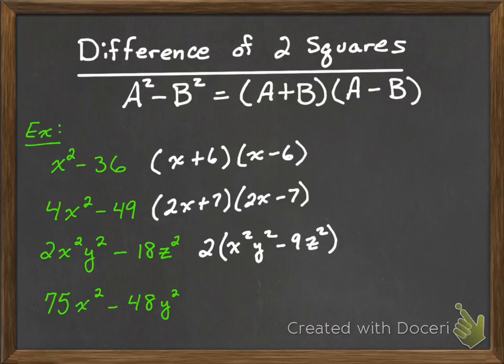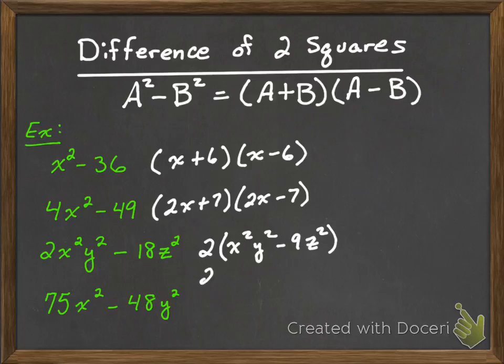Now this is going to be a difference of two squares here. Your a value, or what's going to be squared, your a value would be xy, because if you square xy, that would give you x squared y squared. Your b value in this situation is going to be 3z, because 3z times 3z gives you 9z squared.